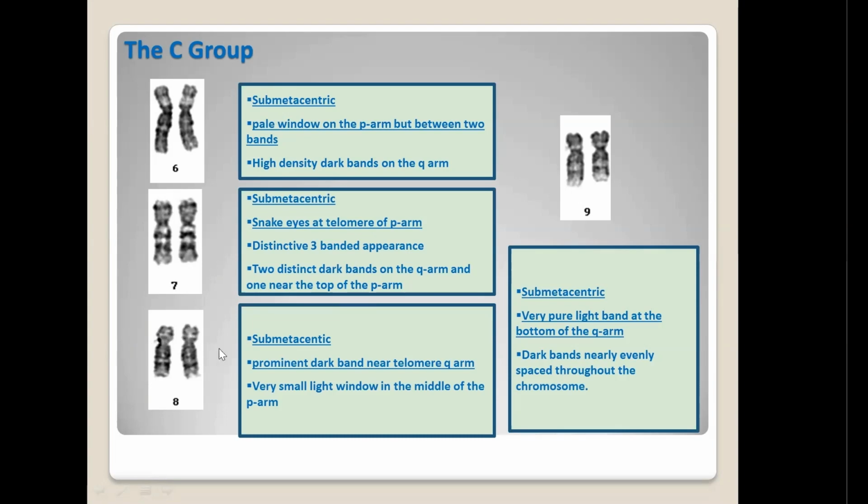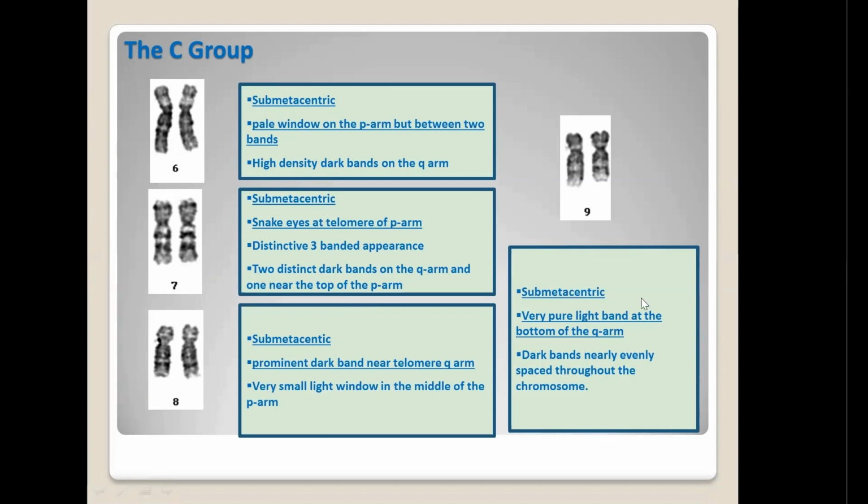That is chromosome 8. Now chromosome 9. We can say it is a miniature of chromosome 7 as it has a distinctive three-banded appearance.